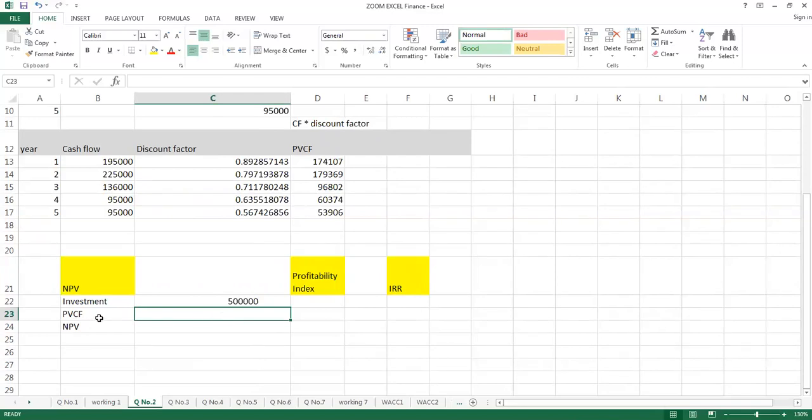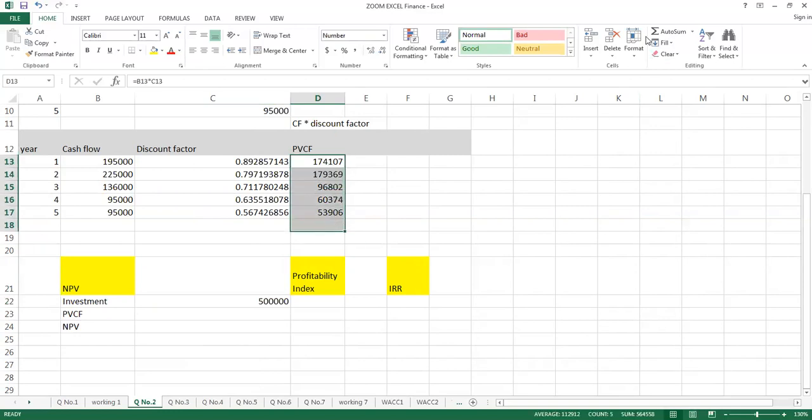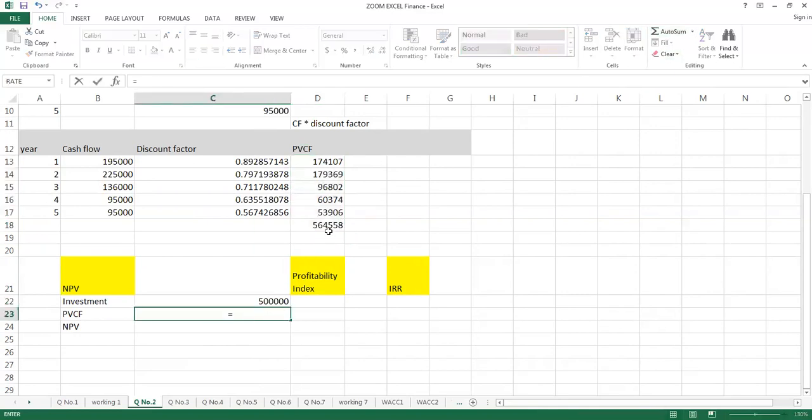And student, I need present value of cash flow. Look, I already have computed present value of cash flow, so I will take its sum. So its sum is coming 56. This is the amount that I will copy here.